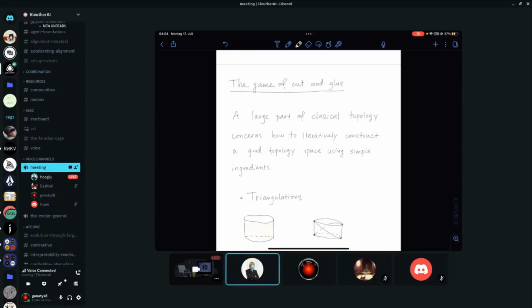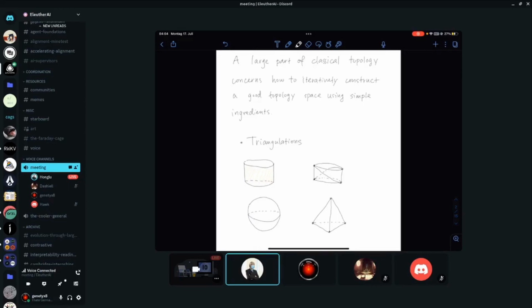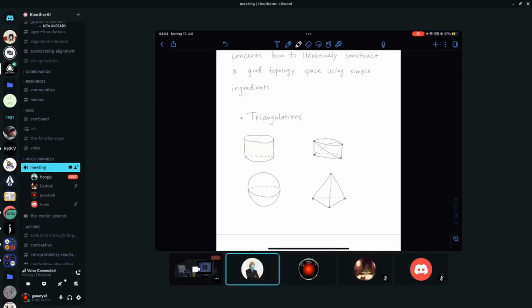That's the way we classify spaces, without having to fix, for example, a parameterization, which is a little too rigid. We want to talk in general about how ingredients piece together. Let's look at some examples.